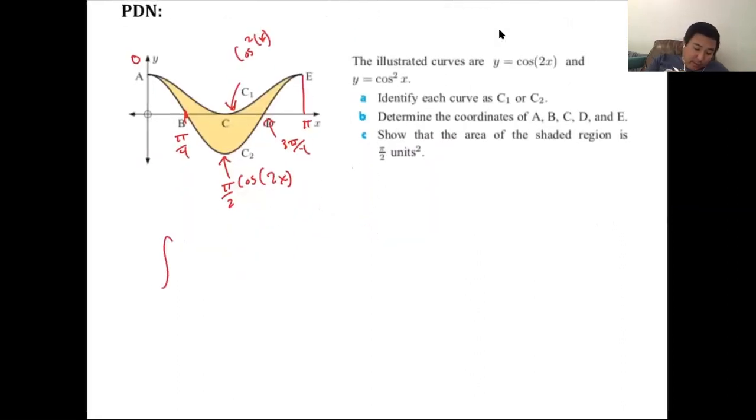So I want the integral from 0 to pi of cosine squared x minus cosine 2x. I think cosine 2x has like a special rule.